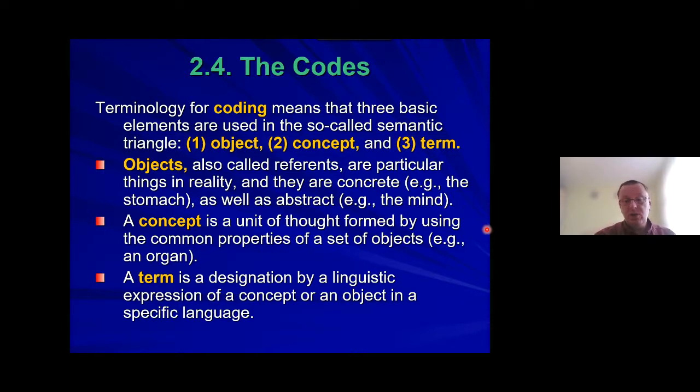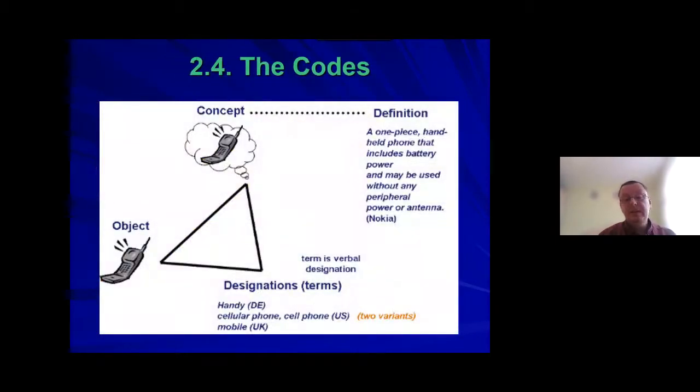Concept is a unit formed by using common properties of a set of objects, like organs, and term is the designation by linguistic expression of a concept or an object in a specific language, or it could be depicted with an image, like the imagination of a cell phone or mobile phone or modern smartphone. So we have an abstract object, we have a general concept which represents what it should be, and we have a term which is used to depict it, and it's generally used differently in different countries.